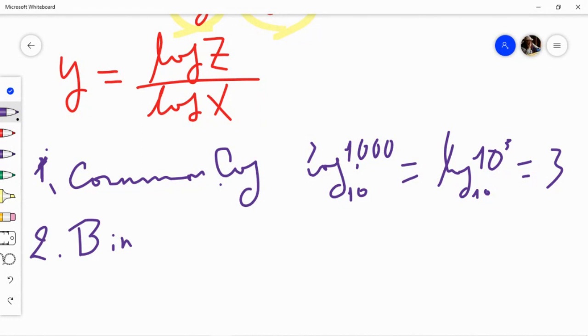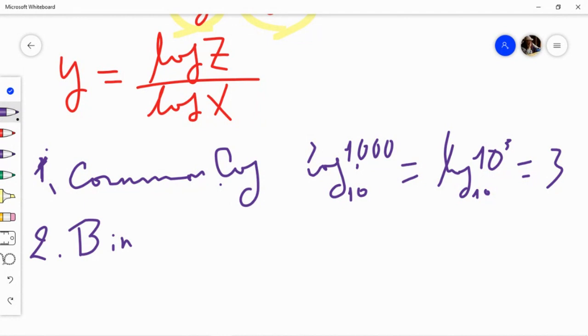So in other words, the limitation of base 10 log is that you can take base 10 log of any number, but it's hard to mentally calculate it, right?